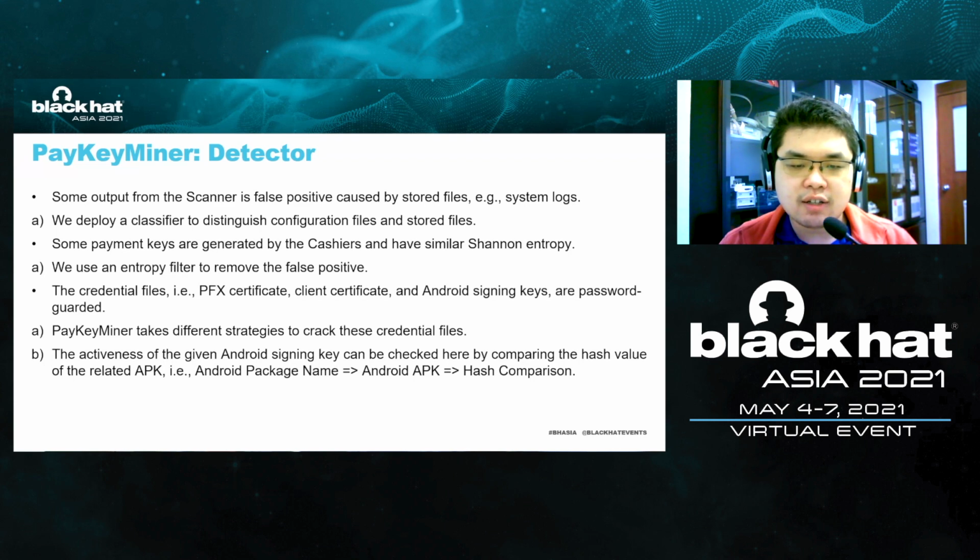Meanwhile, the activeness of a given Android signing key can be checked by the detector here. To be specific, the tool will try to find the Android package name from the original Git repository, download the associated APK, and compare their hash values to complete the checking. In short, we have detected over 400 active Android signing keys so far.